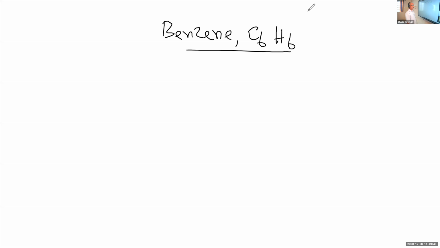Now, we have seen aromatic compounds, aromatic hydrocarbons, arenes, Huckel's rule, etc. Now, let us take one compound from the aromatic series, that is benzene. Let us go to benzene, C6H6. We know the structure of benzene.